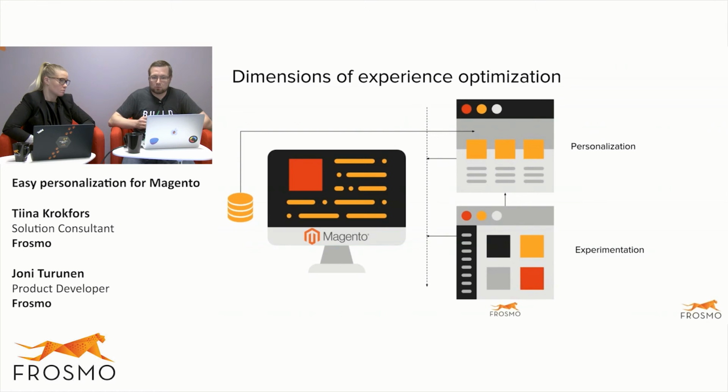With personalization, you can have the recommendation feature that I mentioned already, and experimentation allows you to test which features work best in which scenarios, or which versions of content or which kind of layout work best in these scenarios. And everything here can communicate with the Magento backend. Magento has really nice APIs for communicating between Frosmo and other services.